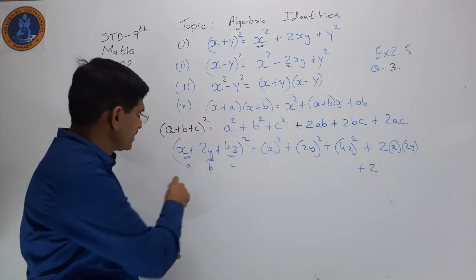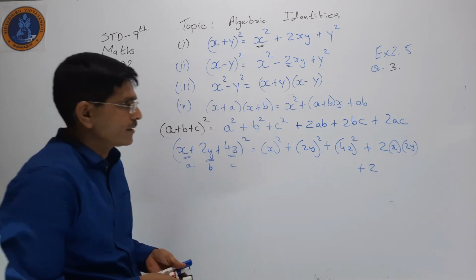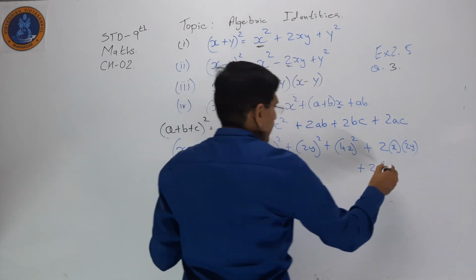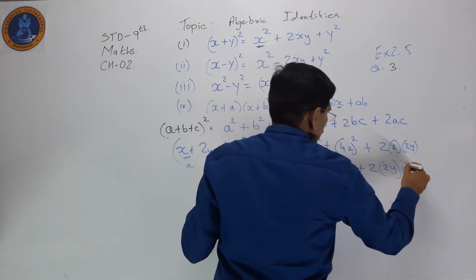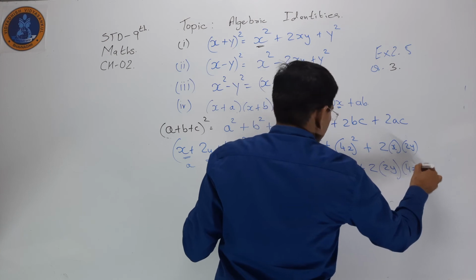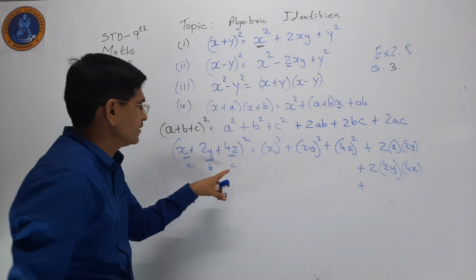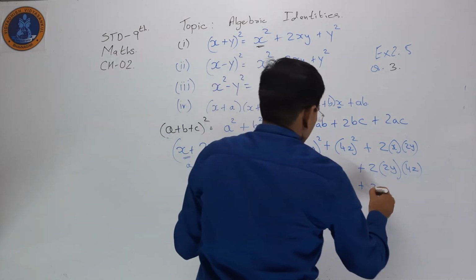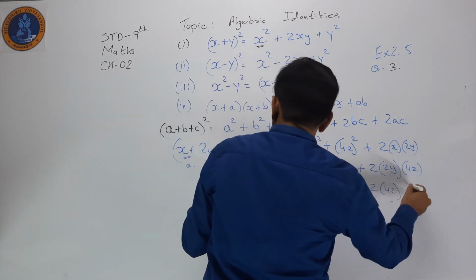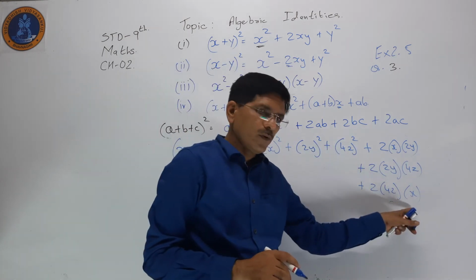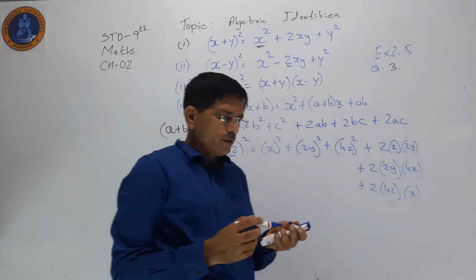If you write a, b, c like this, you cannot make a mistake. That is 2y into 4z, plus the last term 2ac, 2 into a, that is 4z, and c, that is x. Or we can do 2 into x into 4z, or 2 into 4z into x.